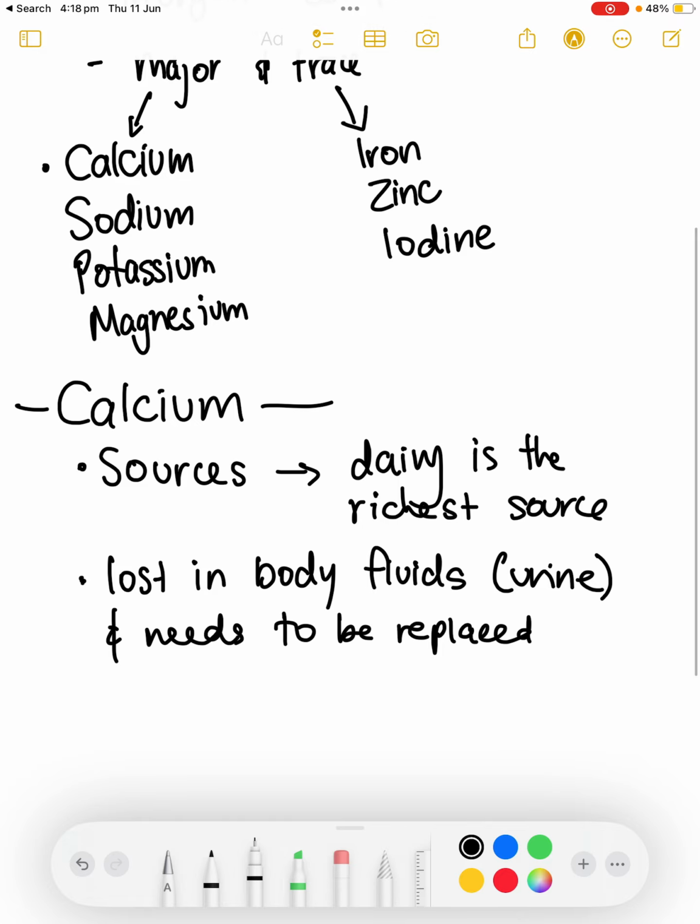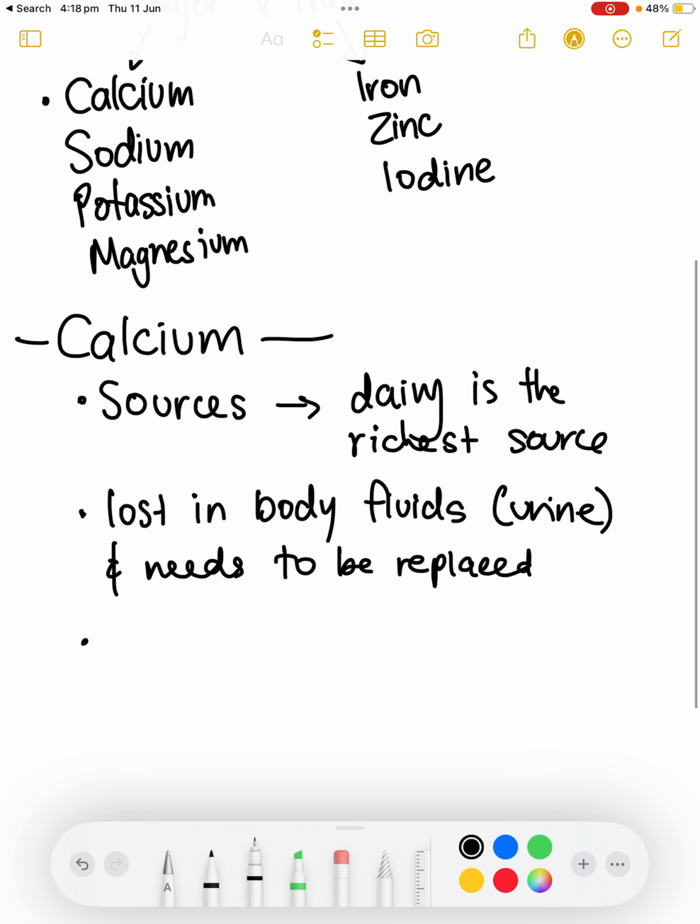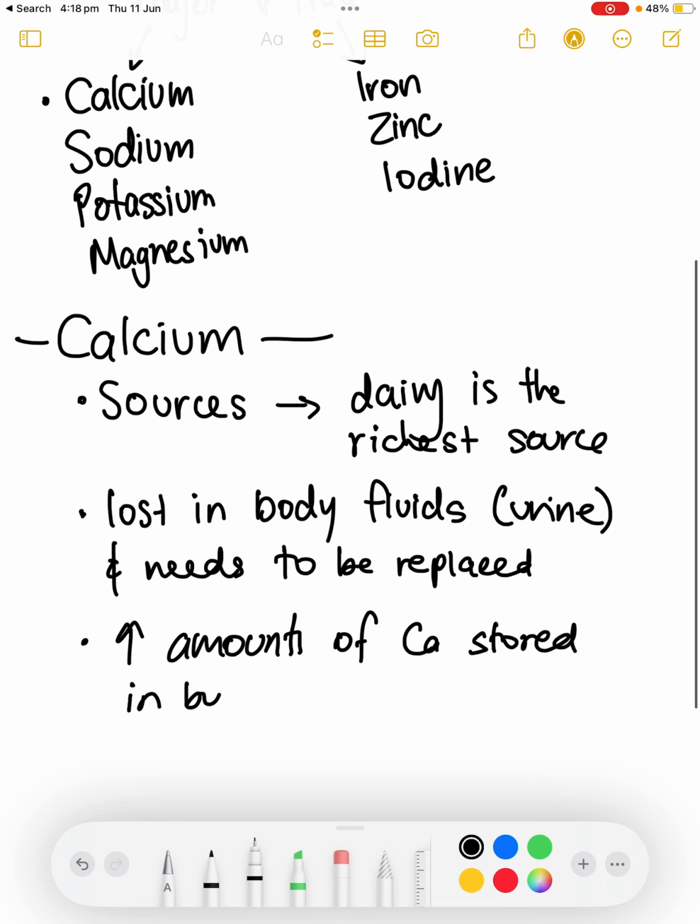All right. Now, the next thing I'll just say is predominantly 99% of the body's calcium is stored in bones and teeth, and a really small amount, like 1% in the blood. So high amounts of Ca stored in bones and teeth too.